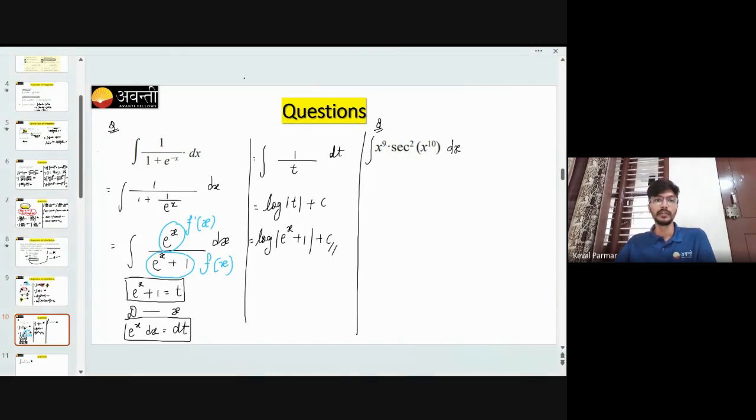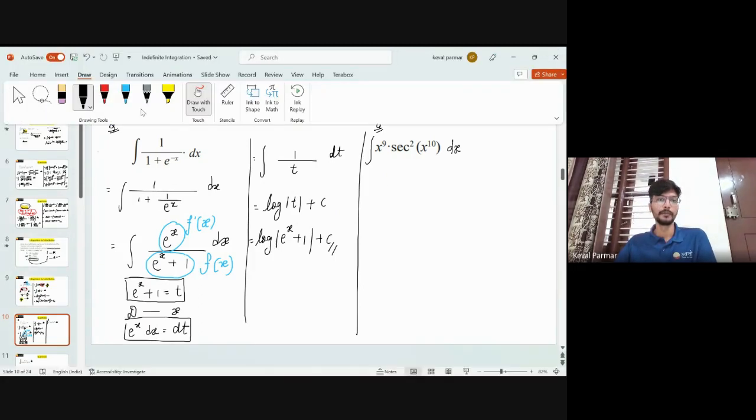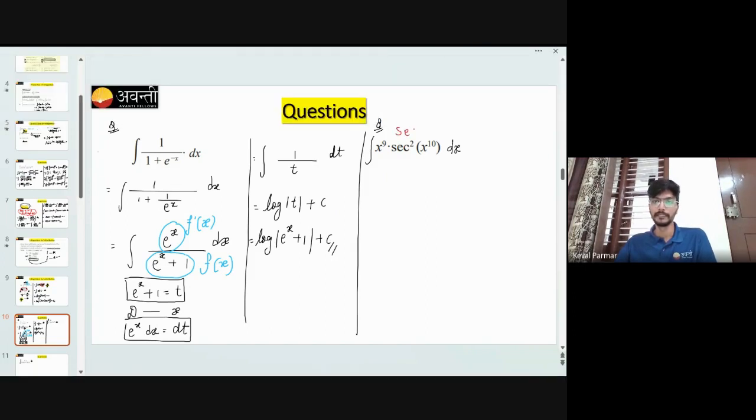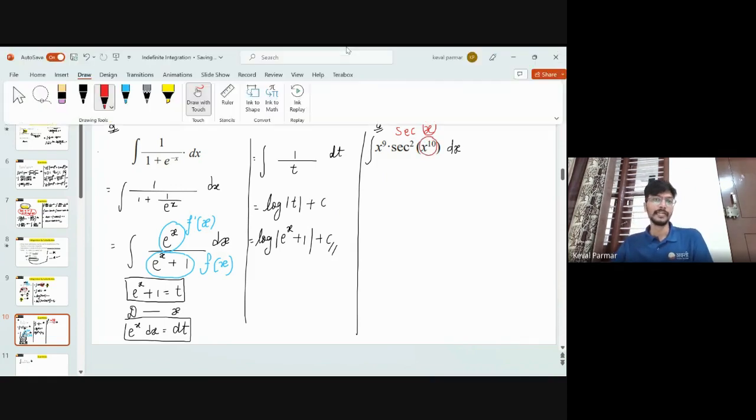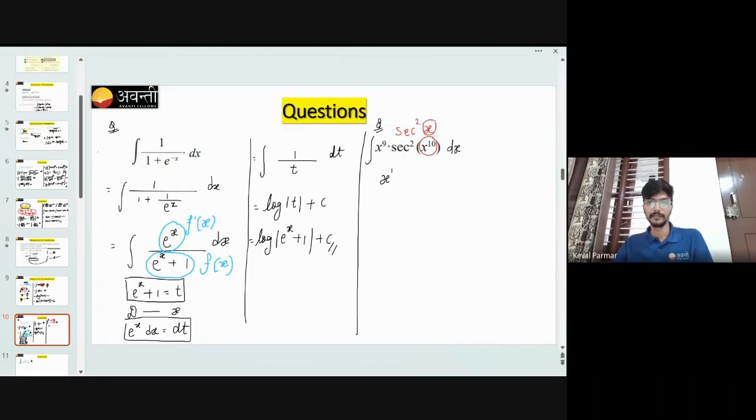Okay, so here it is a case of composite function, right? It must have been sec square x, but instead of x, we have x raised to 10. That means we need to substitute x raised to 10 is equal to t.